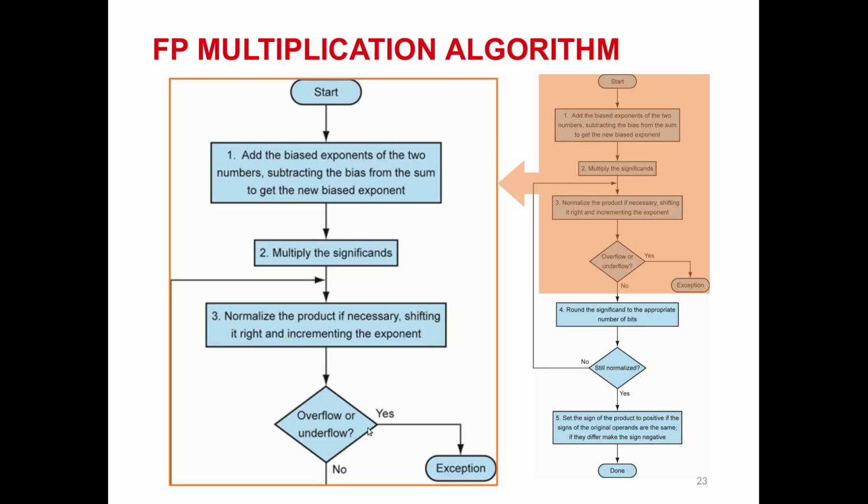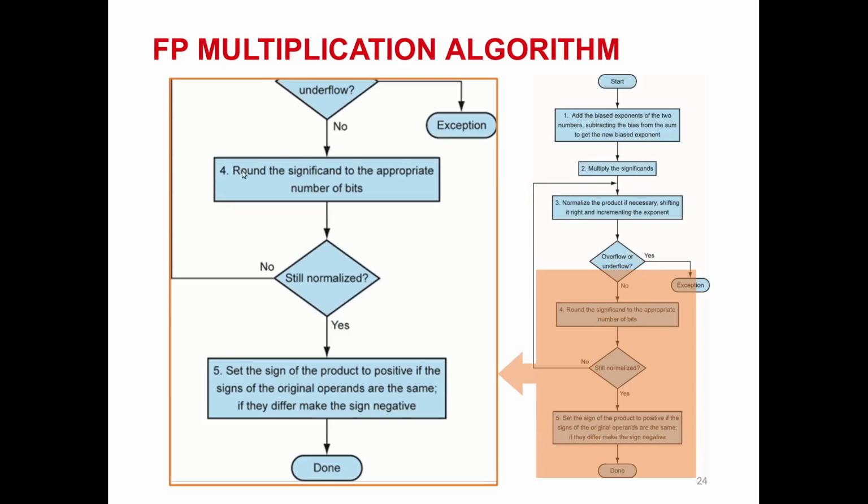And then we need to check if overflow or underflow occurs. And if it occurs, an exception needs to be given, and if not, we will round the significand to the appropriate number of bits, and then if we need to normalize again, we will do it. If not, we will set the sign for the result. And then everything is done.